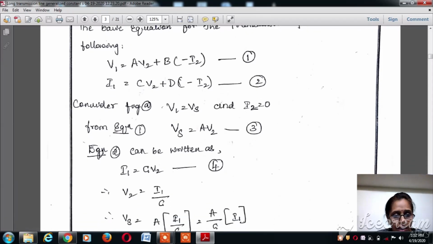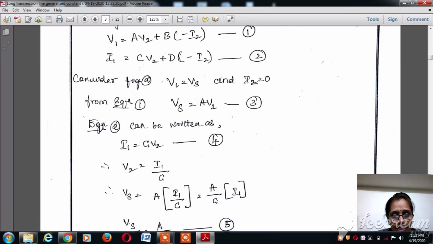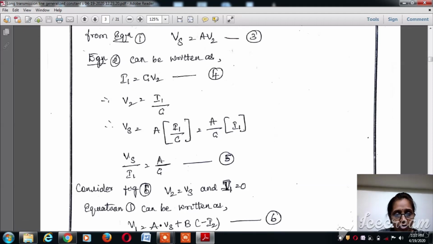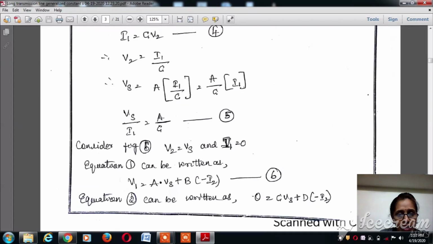With this equation we can write V2 is equal to I1 divided by C. If we apply it to equation 3, then Vs is equal to A into I1 divided by C, which can be written as A divided by C into I1. So Vs divided by I1 is equal to A divided by C from this equation. Consider figure B next.